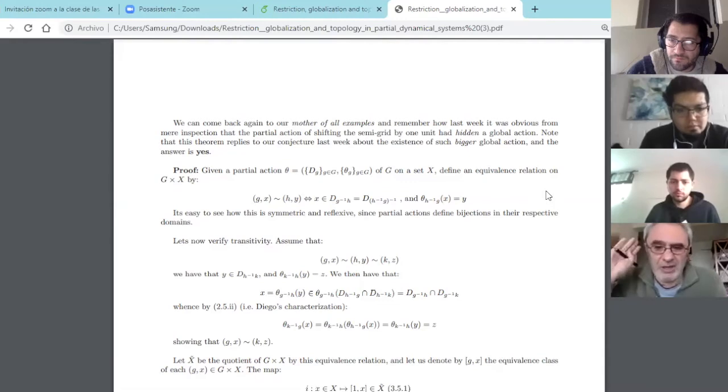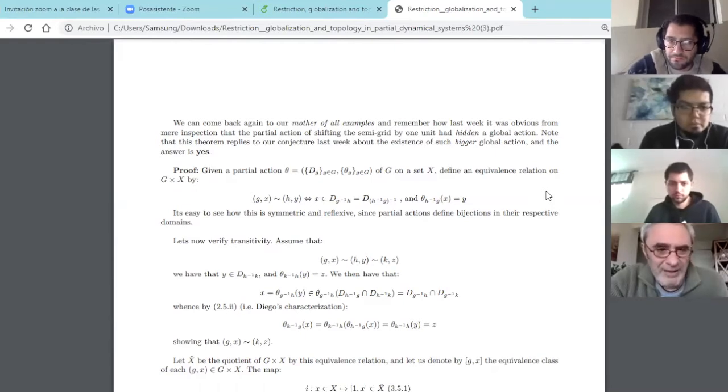So if I forget the definition, I think that I have two elements, x and g, which arrive at the point theta g of x, and another pair of points, y and h, such that under h, y is transformed into another point. And the equivalence means that the two points are the same. You arrive in the same place.